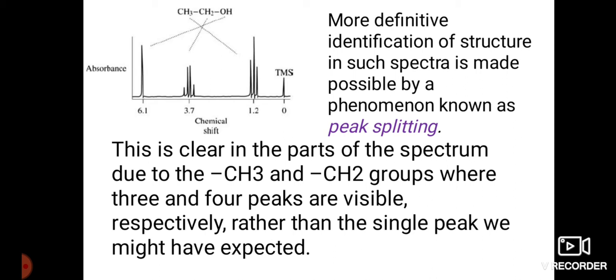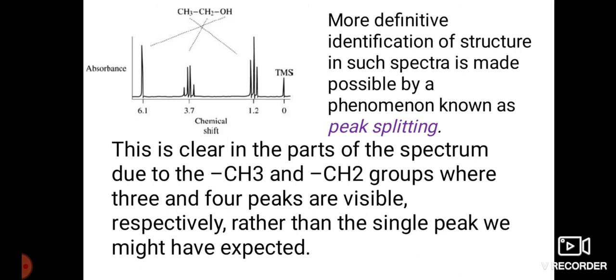Whereas the CH3 gives a triplet, the 3 peaks, because it is affected by the neighbouring CH2. And OH gives only one peak, because the only factors which can affect it are the CH3 and CH2, the ethyl group itself.